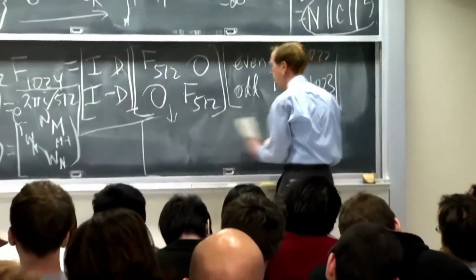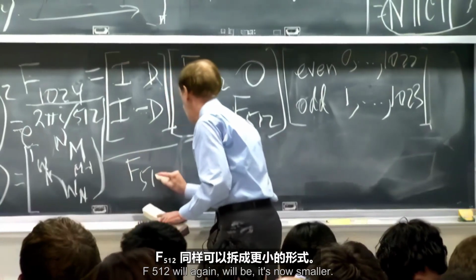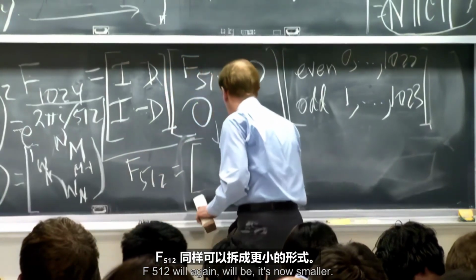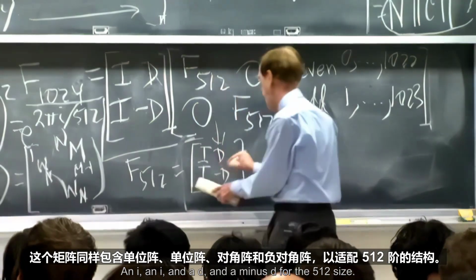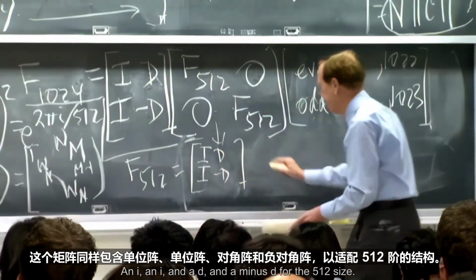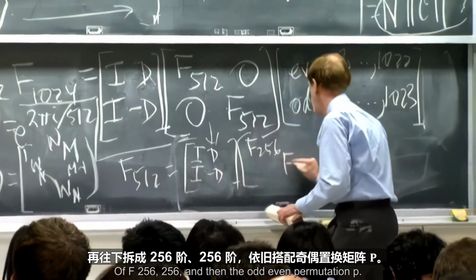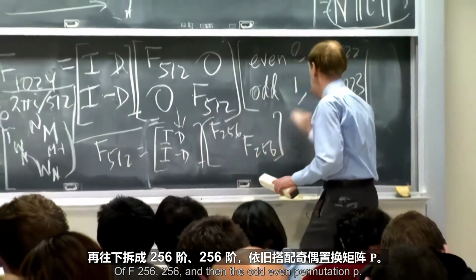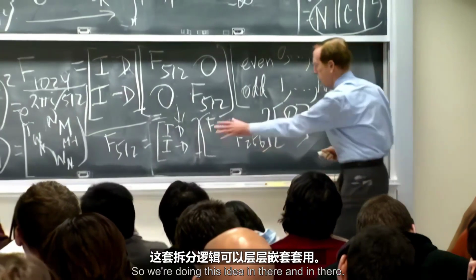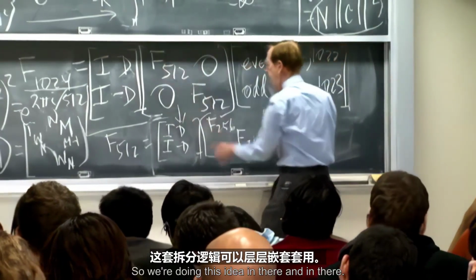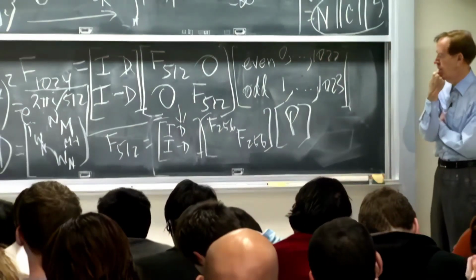Let me write F512 will be now smaller, an I, and a D, and a minus D for the 512 size of F256, and then the permutation, the odd-even permutation P. So we're doing this idea in there and in there. So it's just recursive, right?